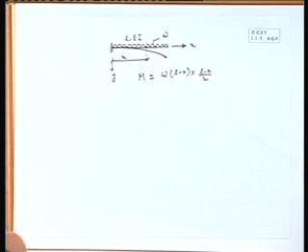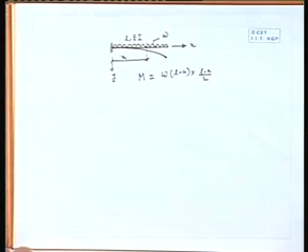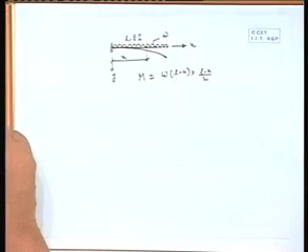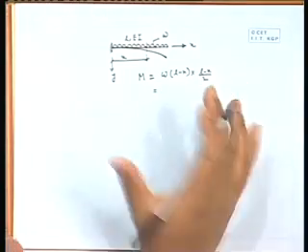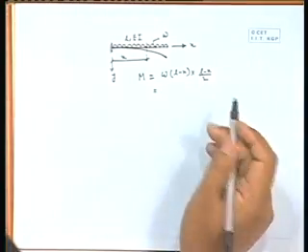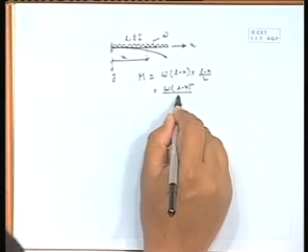That is a very familiar type of expression. If we start from this side, we write omega into x, the load, into x by 2, or straight away omega x square by 2. In that case, x is not x, it is L minus x. So, it will be omega L minus x whole square divided by 2.